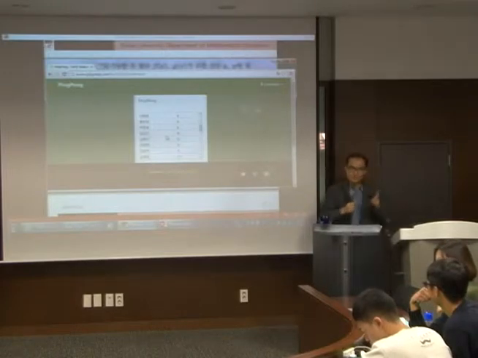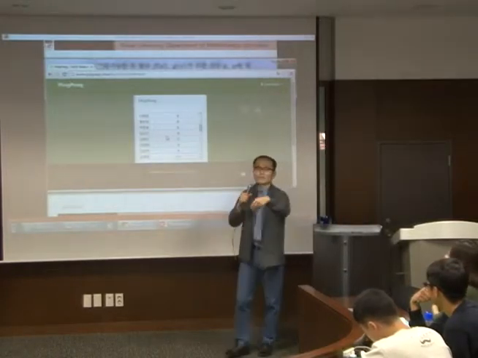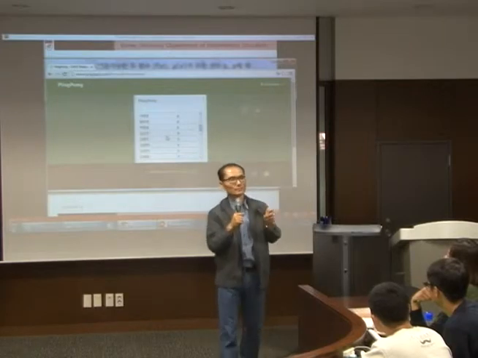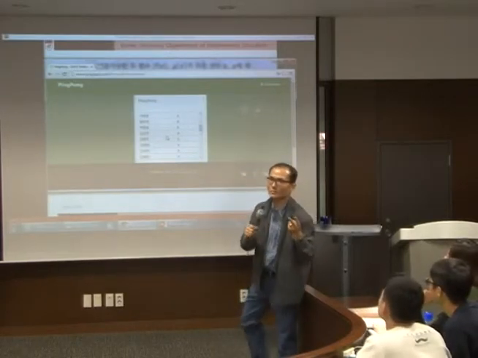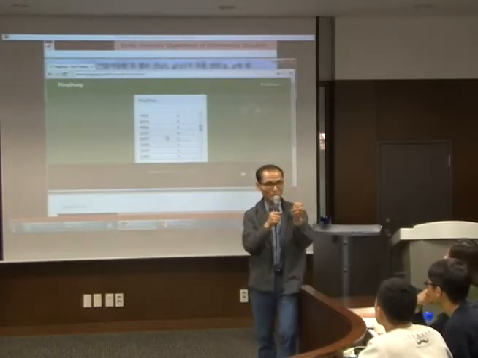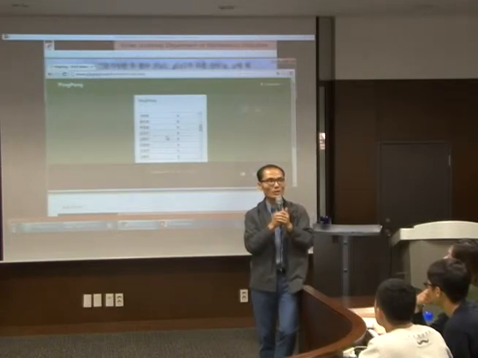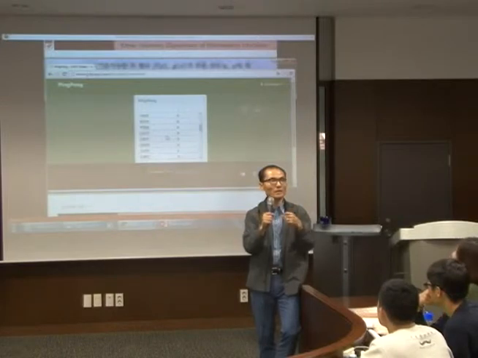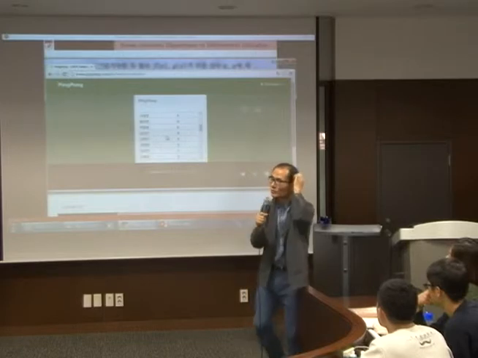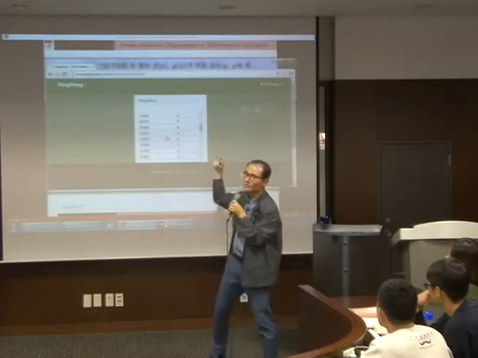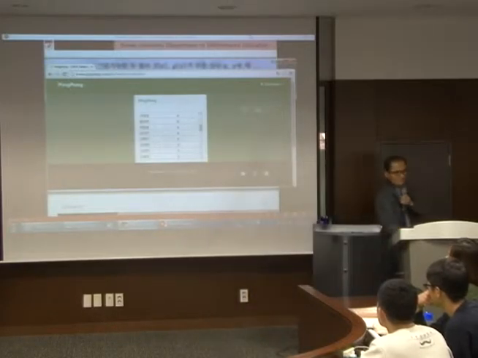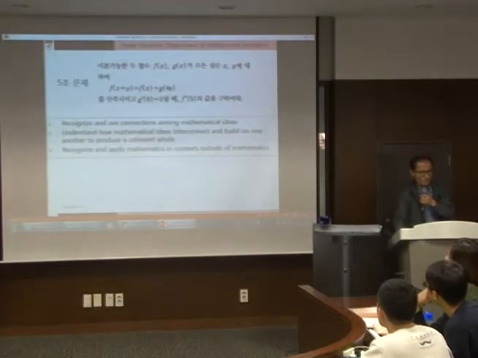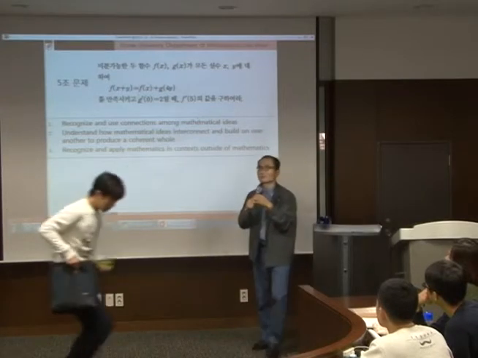Right. Here is one important thing you should realize by using these two problems. In the second category, you should focus on producing a coherent whole, which means not just connecting mathematical ideas. That can be just the first statement, okay? Because connection between mathematical ideas, obviously, as you can recognize, the first statement uses connection among mathematical ideas.